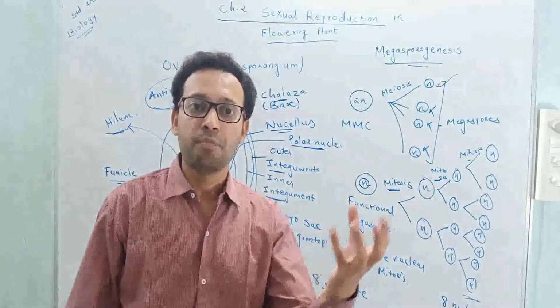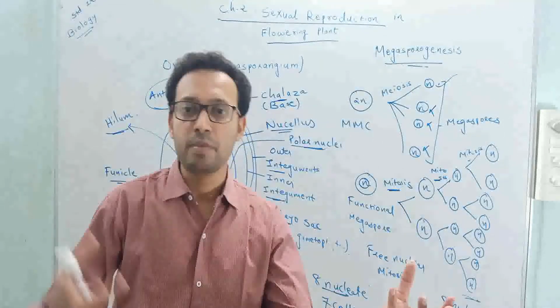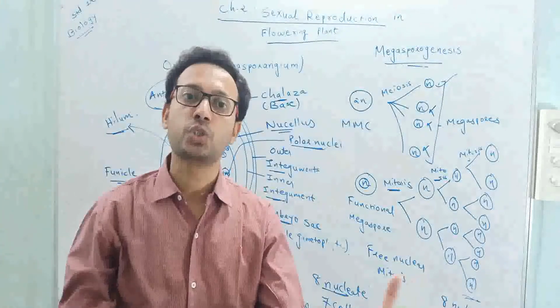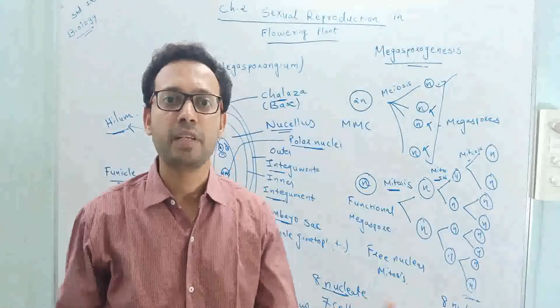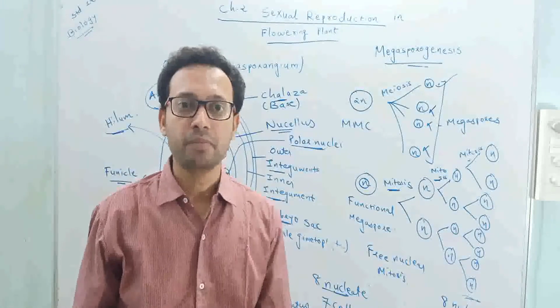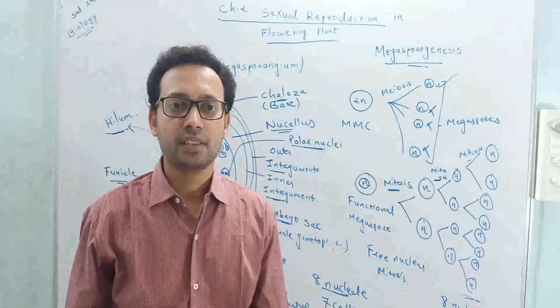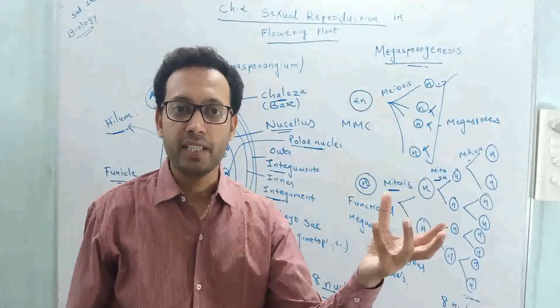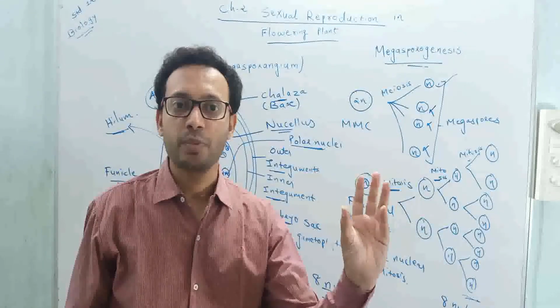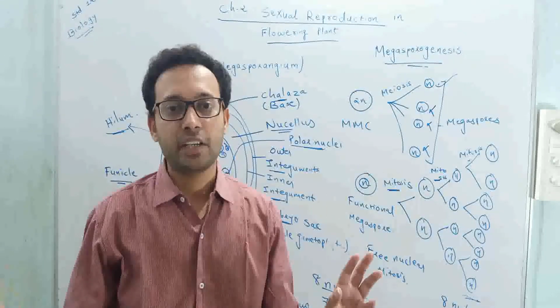The male gamete is formed in the stamen, and the female gamete is formed in the carpel. Now the male gamete has to be transferred, because usually the male gamete is motile and the female gamete is stationary. But here it's an angiosperm, and both are non-motile. The pollen grain, which carries the male gamete, cannot move, and the female gamete cannot move.